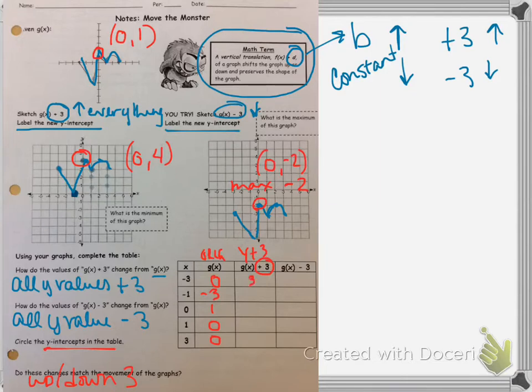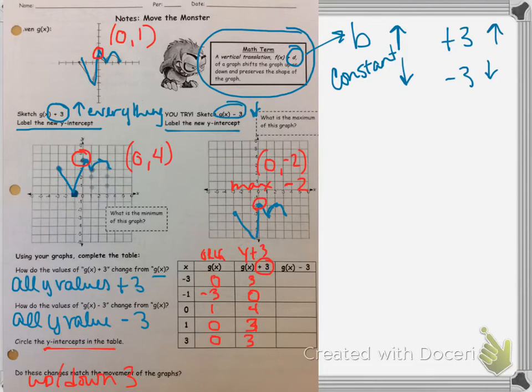It went from -1, -3 to -1, 0. 0, 1 went to 0, 4. 1, 0 went to 1, 3, and then 3, 0 went to 3, 3.